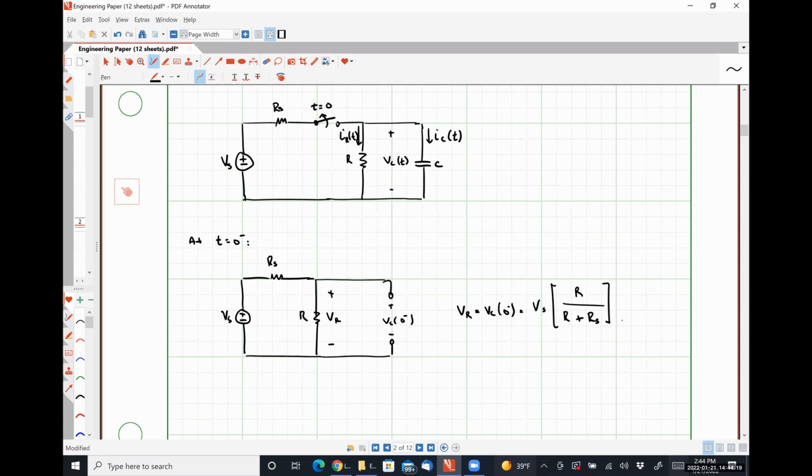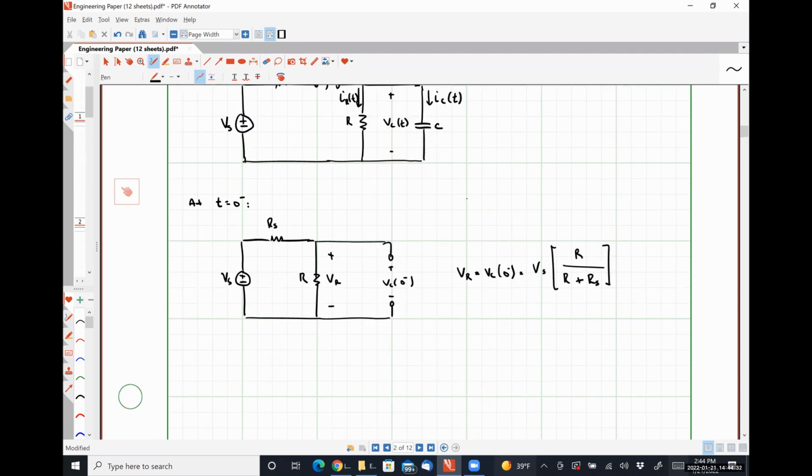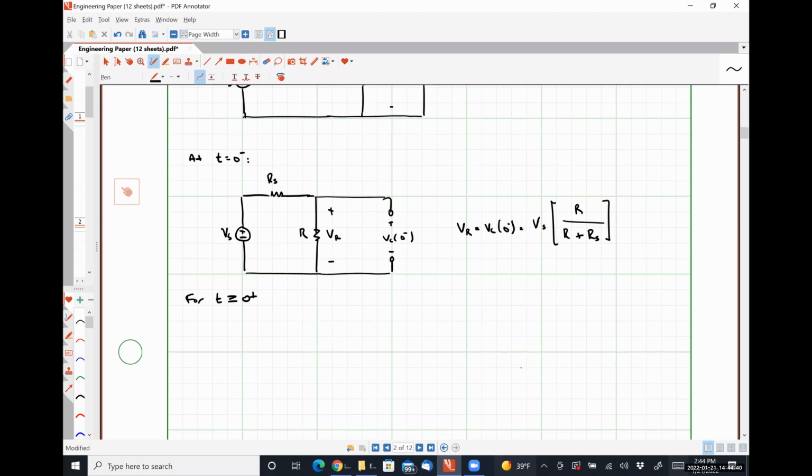And then as time progresses, it will gradually transfer its energy to the resistor, which is effectively the exact same thing that we saw with our inductor circuits on Wednesday, right? So for t greater than or equal to 0 plus, the situation we have is this.